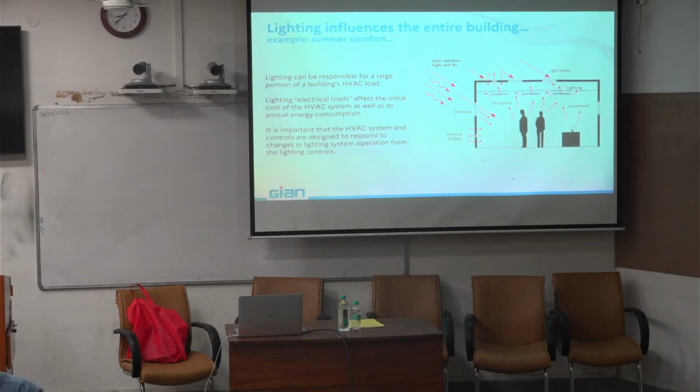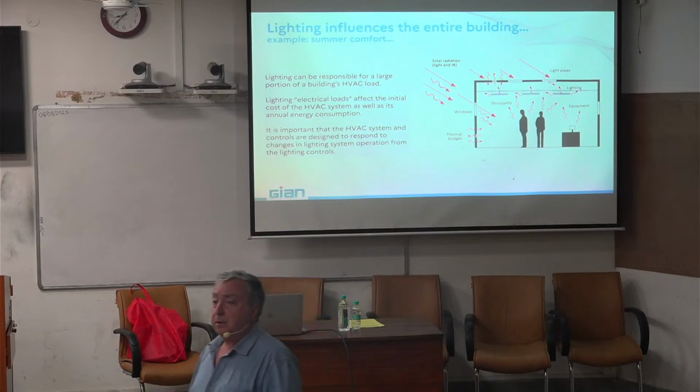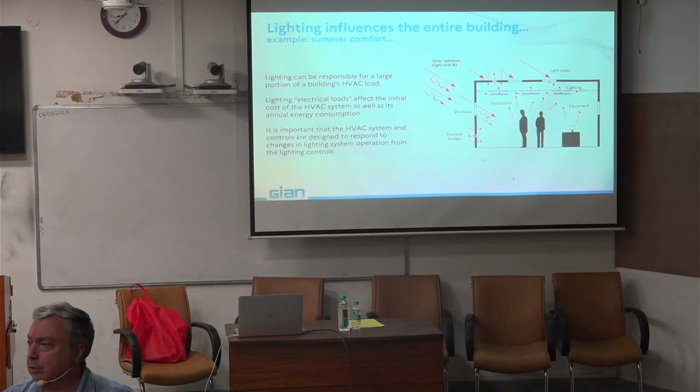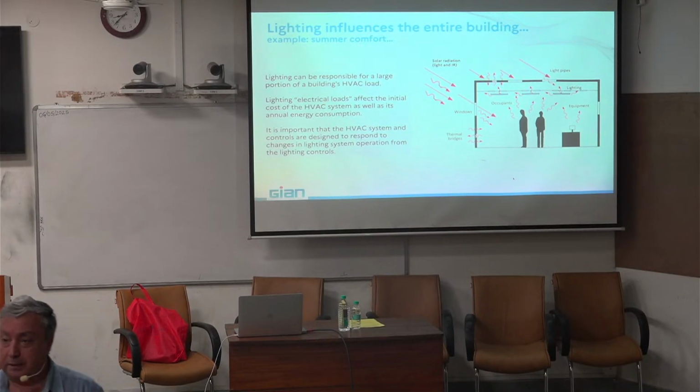I remind you that up to 75% of the power entering a white LED system has to be evacuated as heat. Then you have the equipment inside the room. You have the occupants. Each one of us is the equivalent of, if I'm correct, a 100 watt machine, and we radiate also.